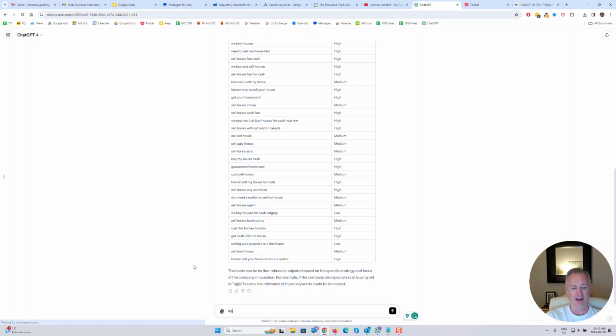So refine this table, scoring relevance from 1 to 5, and organize from highest.